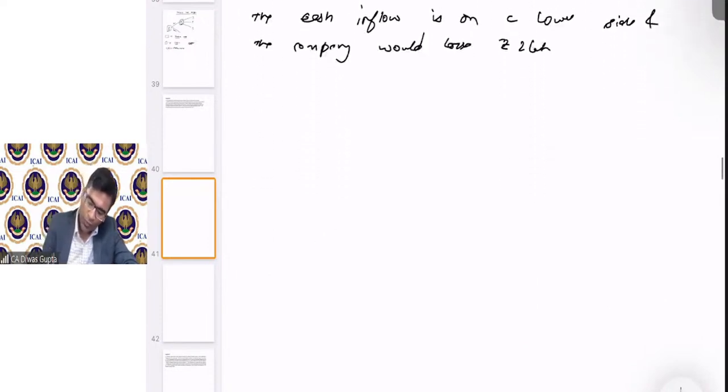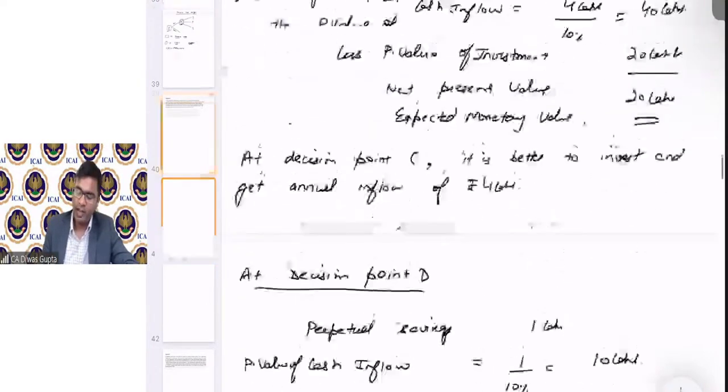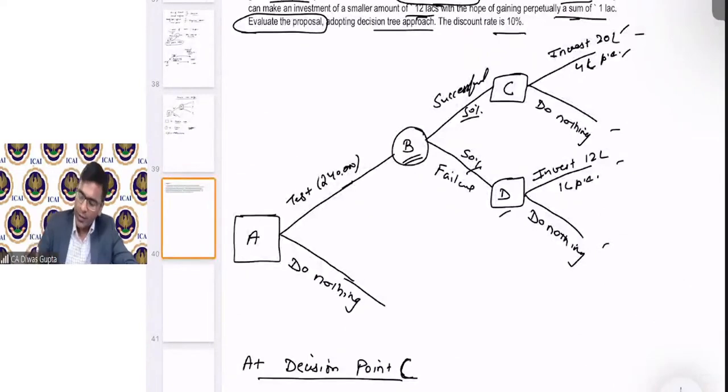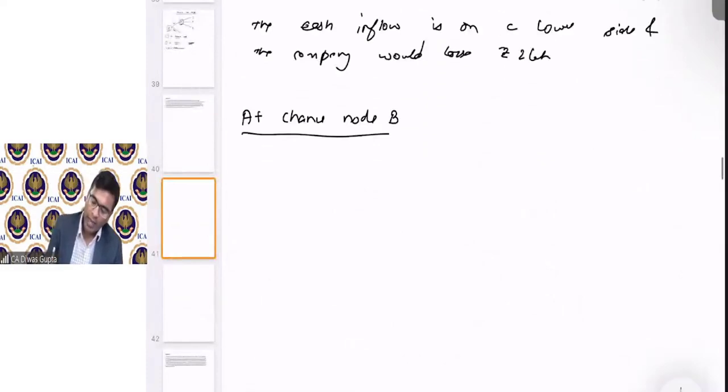So let's come to chance node B. Okay. We are working backwards, right? So C we have understood. Okay, let me just highlight it with some other color. So this has to be done in C and D. Do nothing for D, invest for C. Now let's come to the node at B. So at B, there are two options, or rather, there are two outcomes.